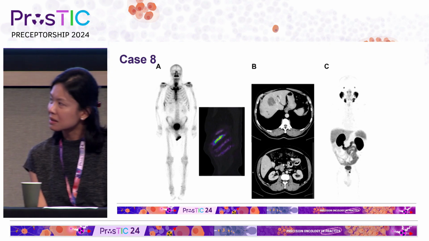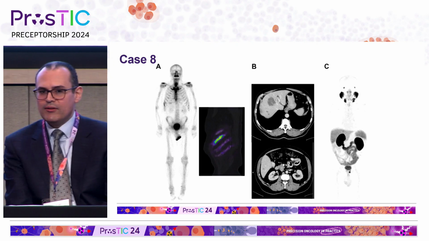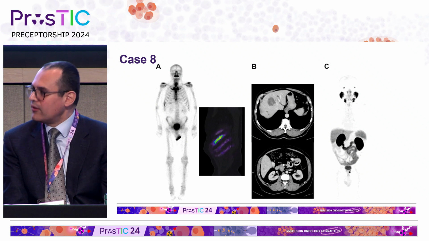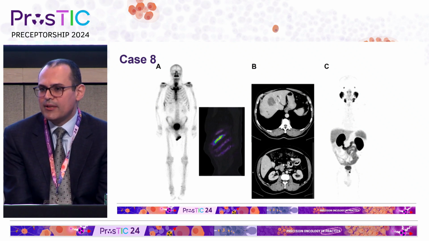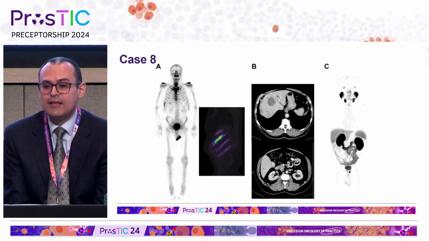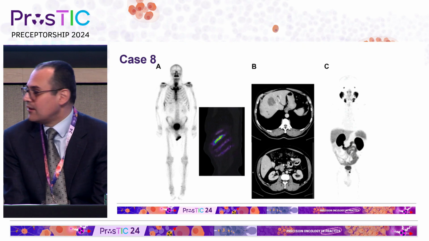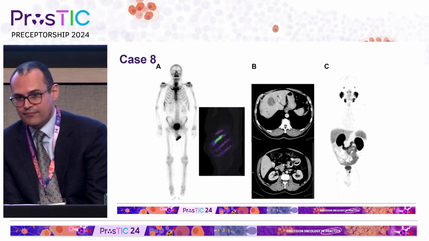Yeah, I think the take-home message is, as soon as you're thinking another primary's on the cards and you're contemplating a biopsy, why shouldn't I be doing an FDG PET to try and find the best site to biopsy? I mean, that bone lesion looks suspicious on the bone scans, so we need to get to the bottom of that. Agreed. Yeah, it's not always straightforward.